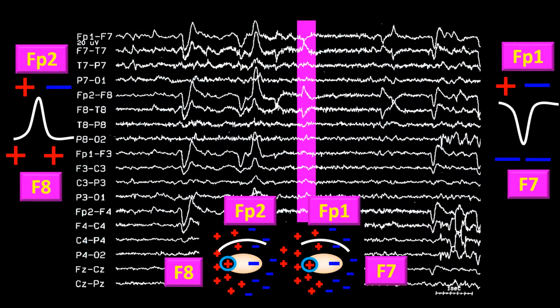FP1 is more positive than F7, whereas F8 is more positive than FP2, but they are so by different degrees of polarities.